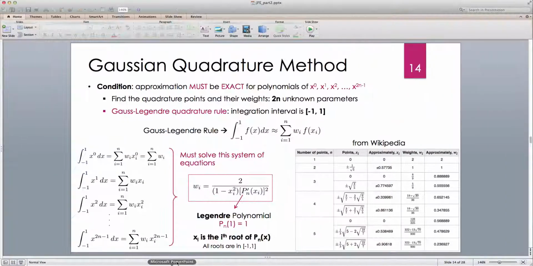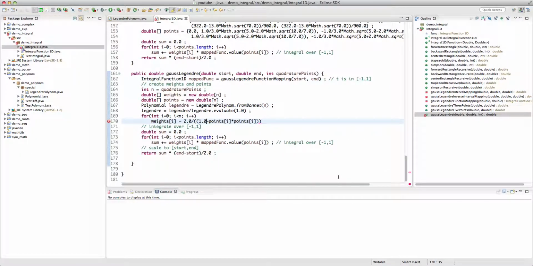Okay, so let's go back to the definition. 1 minus xi squared times p prime xi squared.